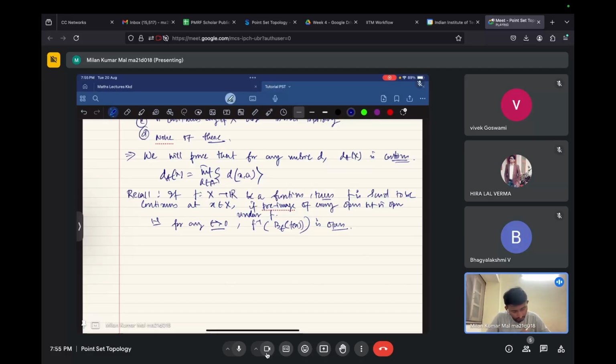Am I writing correctly? f is a map from X to R, and the inverse image of every open set is open. Just let me, one second please.